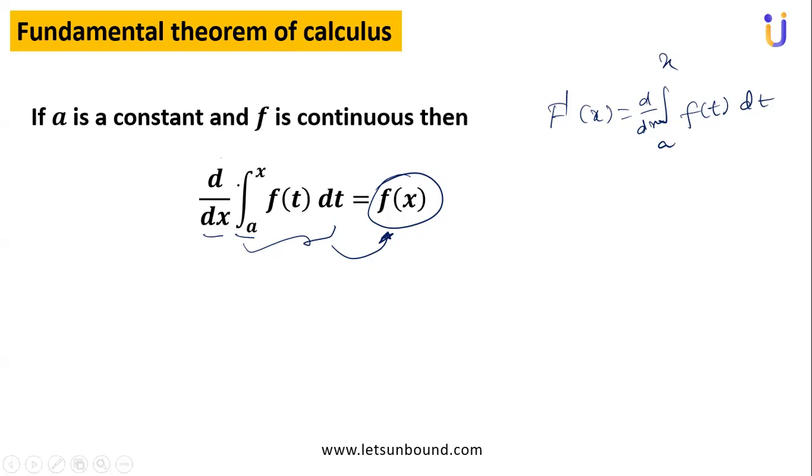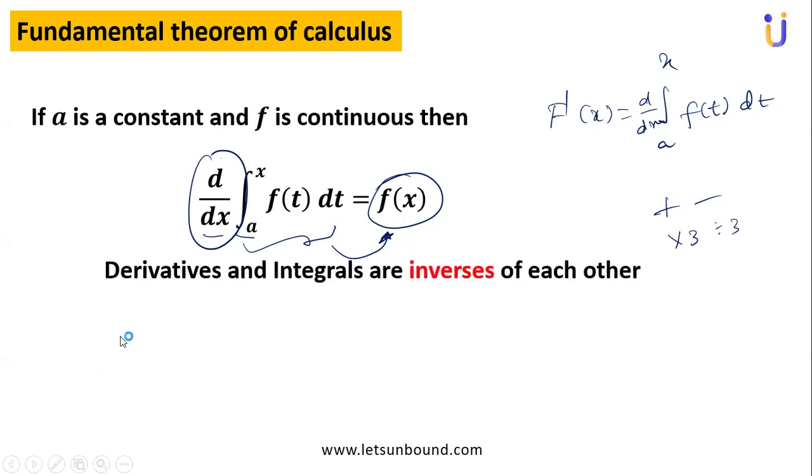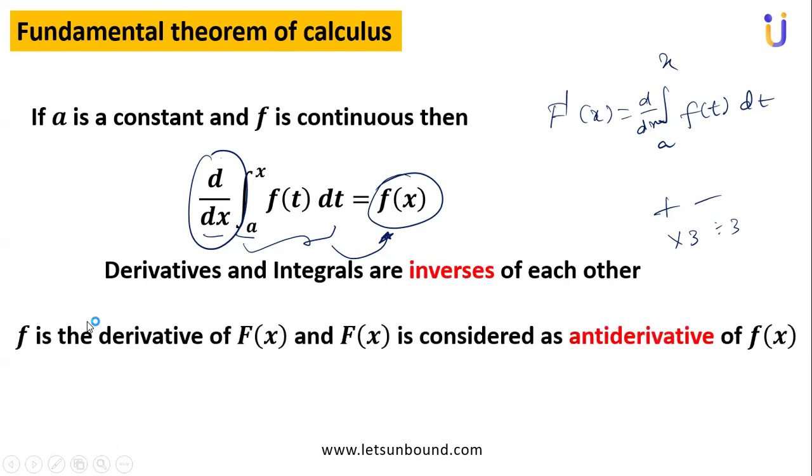So what we can understand is that differentiation and integration get cancelled. When two things are inverses, like multiply by 3, divide by 3, they get cancelled. So inverse operations get cancelled. And yes, derivative and integration are inverse operations, and we are going to call it the antiderivative, right? So derivatives and integrals are inverses.